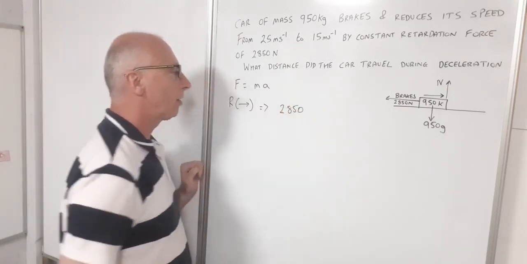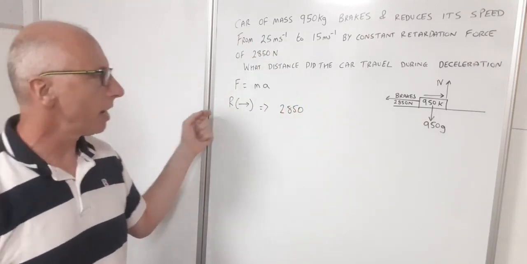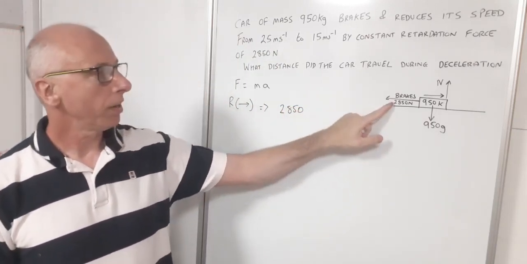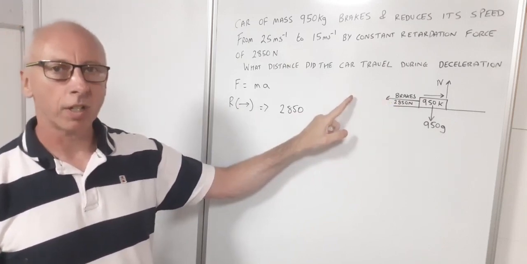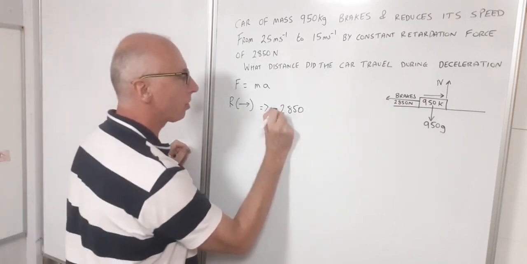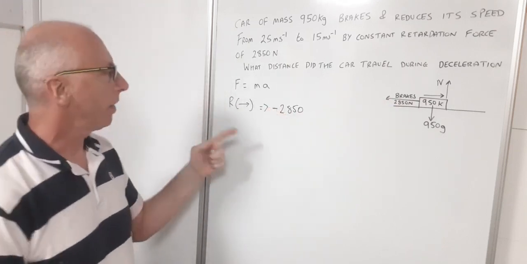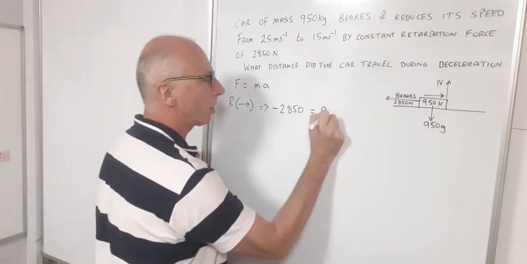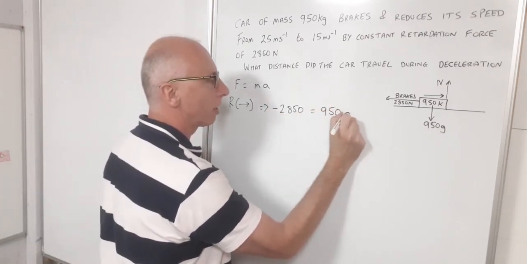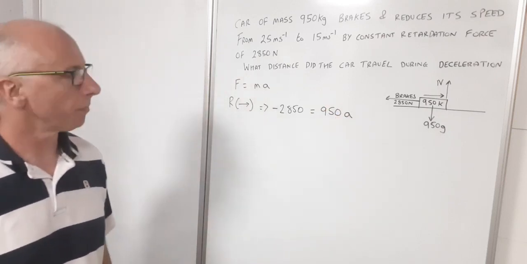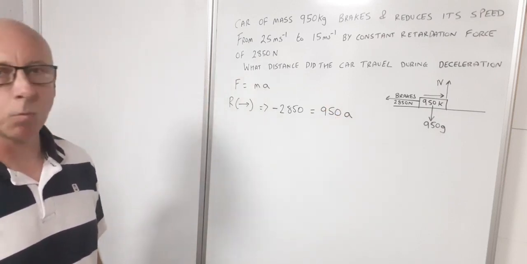Now notice as we resolve the forces in this direction, this braking force is going in the opposite direction, so that's going to be minus 2,850, and that's going to equal the mass of the car, which is 950, times the acceleration. Okay, now what's the acceleration?